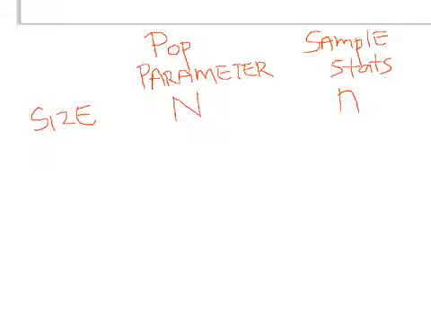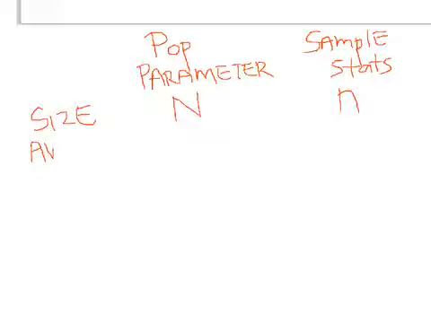So I can say to you the big N or the capital N is 1,500. Suppose I'm trying to get sample data from a sample size of 25 students only. So the sample size or the small n is 25. Is that clear?